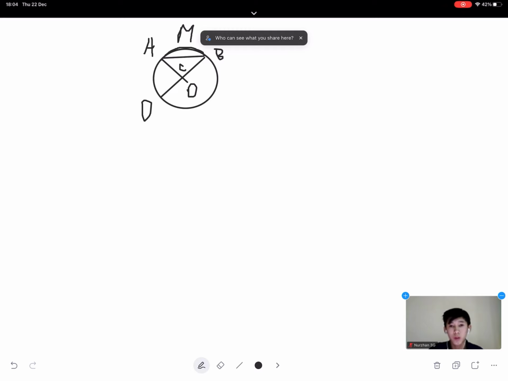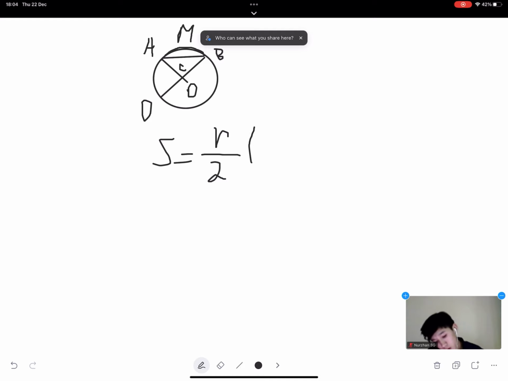Yes, and the area of the AB segment will be calculated using the formula S is equal to R over 2 times (s minus BC). Yes.